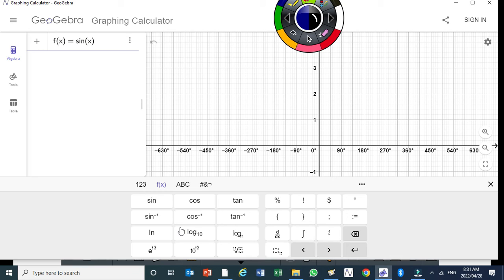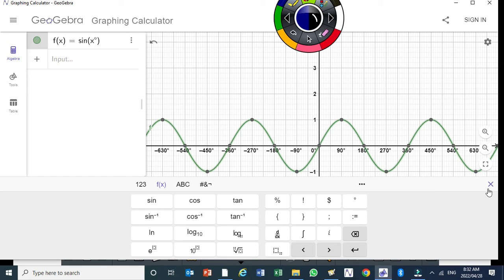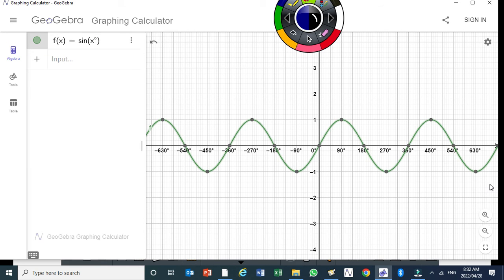If you are putting a trigonometric function into GeoGebra, you have to put the degree sign. That's how the application was programmed. The good thing is on your graph you can edit that, but when you're putting it in, you have to do what I just did there. Okay, so we have got that.